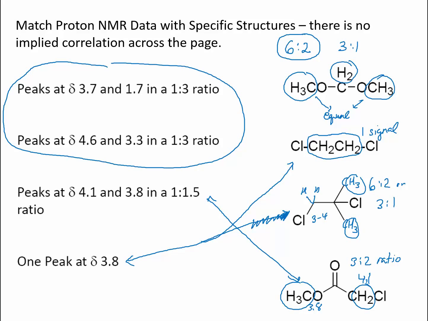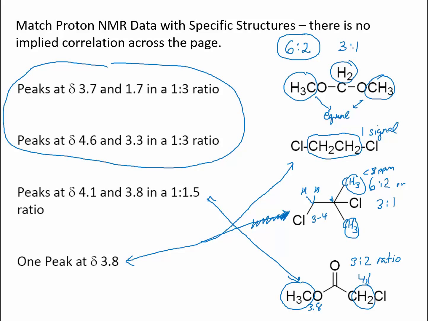This methyl group has hydrogens on the same carbon as another carbon, and the chlorine is one atom further removed. So we're going to expect something much less for this one, certainly less than 3 ppm, or probably more like 2, something like that.